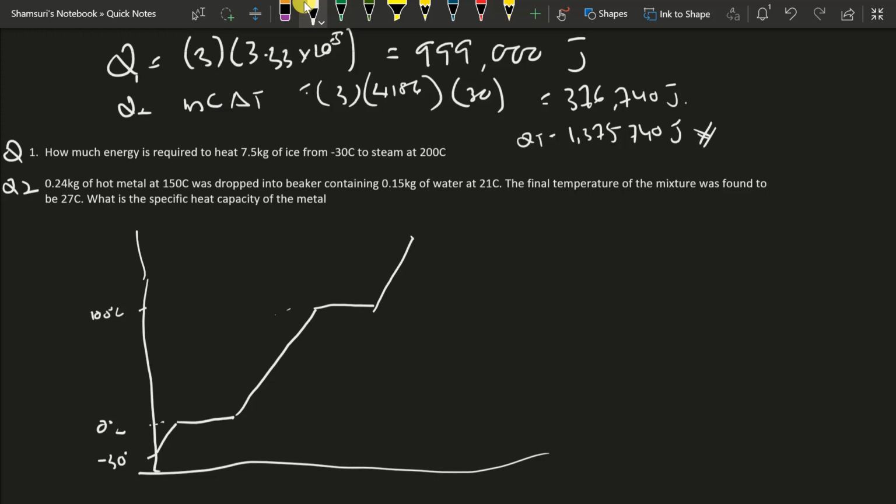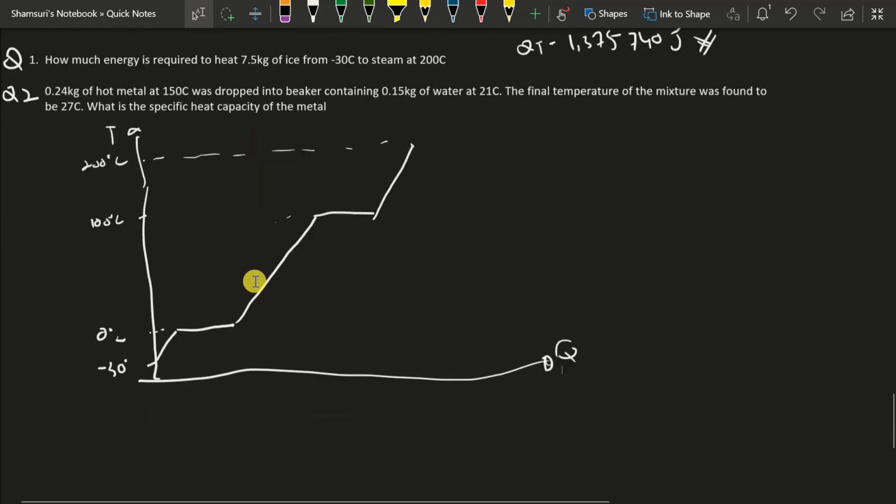So our stage is something like this, coming to about 200 degrees Celsius. This is our temperature.